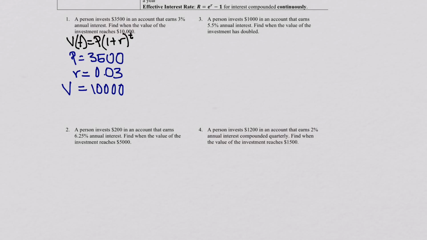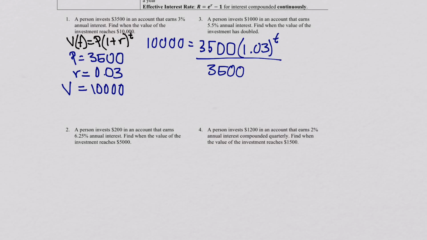What is T? So what I'm going to do is plug in all of these values into my equation here and solve. So V is 10,000. I'm going to start with 10,000 equals P, which is 3,500, times 1 plus R. 1 plus 0.03 is going to be 1.03 to the power of T. We're going to solve that first by dividing by 3,500 on both sides.